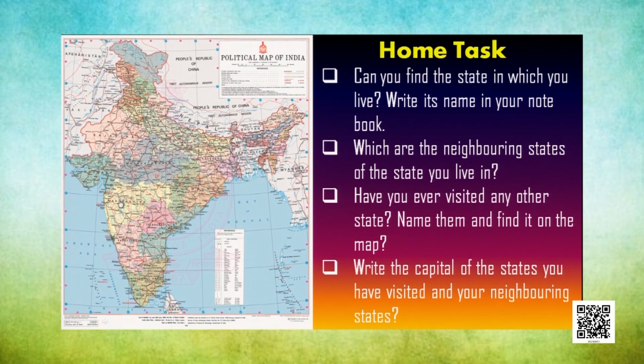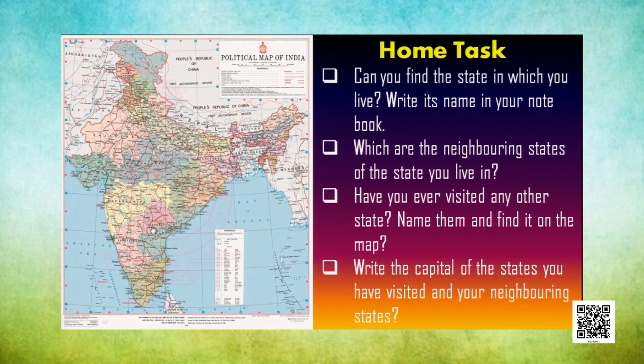Now children, if I ask you to find out the capitals of these states, capitals are written in bold letters. It's the major city of that state. Mumbai is the capital of Maharashtra. Bhopal is the capital of Madhya Pradesh. Gandhinagar is the capital of Gujarat.